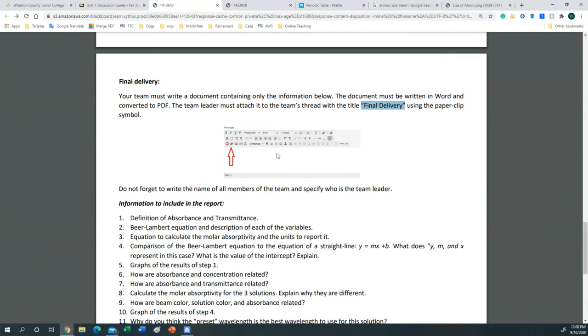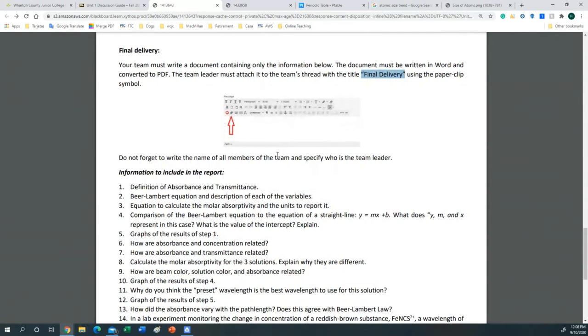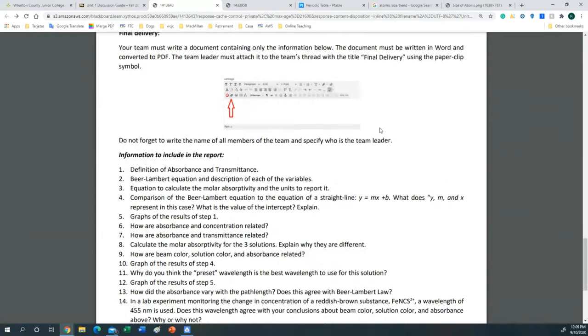Over here is where you are going to post your final delivery, right? Even if I know who's there, it's just a rule of etiquette to write the name of all the members and specify who's the team leader, right? That's something that you always must do, even if I know who's in that team, right?